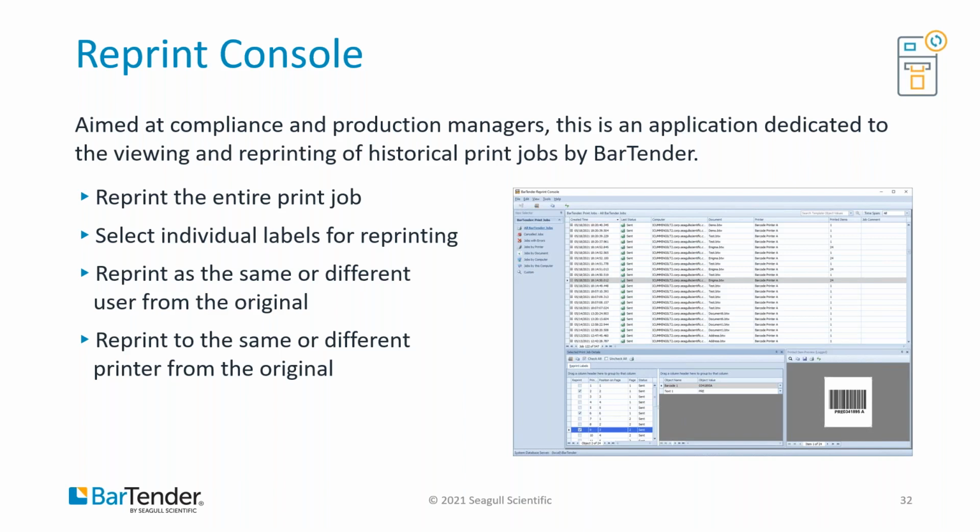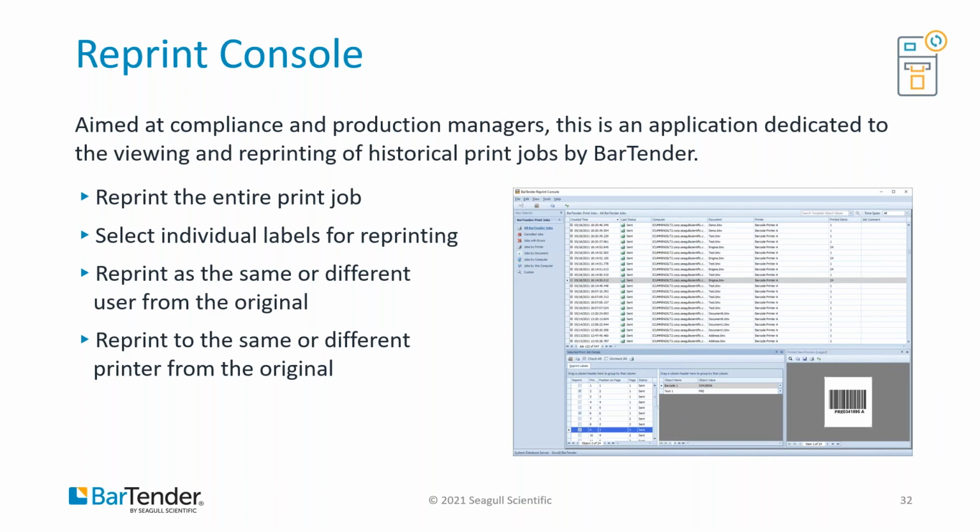So for example, if there was a print job of 1,000 serialized labels and one of those labels was damaged or destroyed, a print operator or a quality assurance manager, for example, can open up the reprint console.